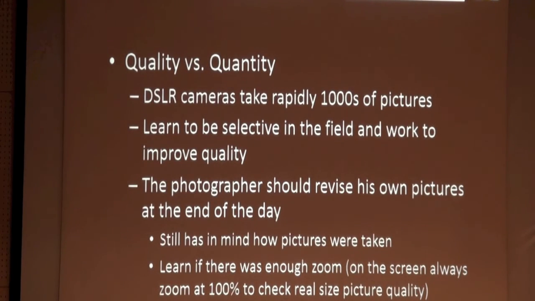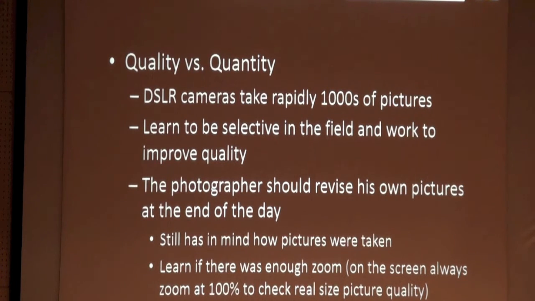Okay, so the new cameras nowadays, they can rapidly take thousands of pictures when you're out in a single day. And so that means that you have to learn to be selective in the field and work to improve the quality of the pictures you're taking, so you can actually lower the number of pictures you're taking. So it's a good thing to have the photographer revising his own pictures at the end of the day, because he will still have in mind the pictures that were taken, how they were taken.